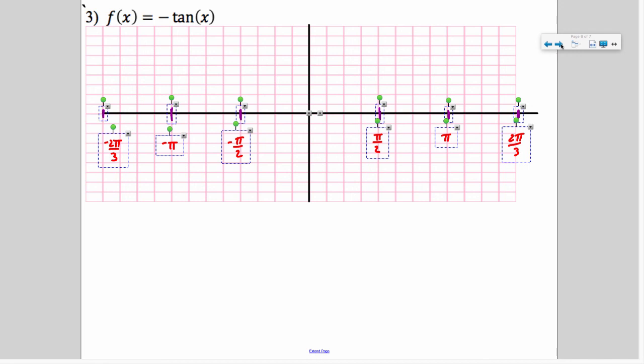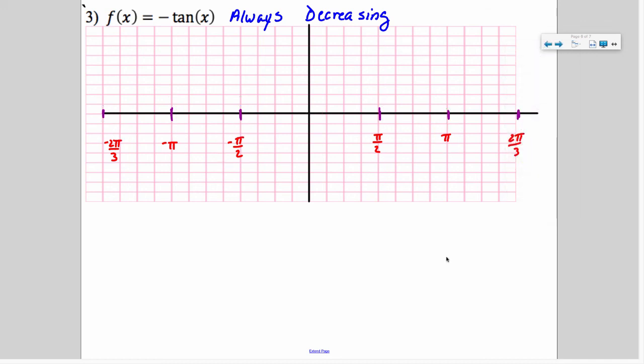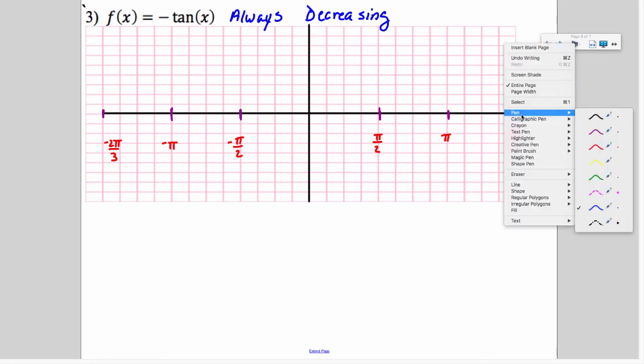So let's do the last one, which is negative. I just wanted to show you negative because here at a negative graph, this is always decreasing actually. And check it out. It still has the same range and domain and all that jazz, but it is certainly always decreasing, so watch.